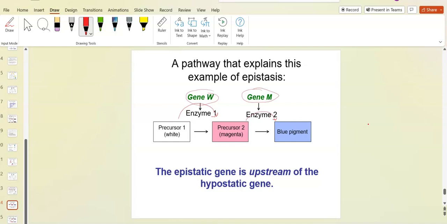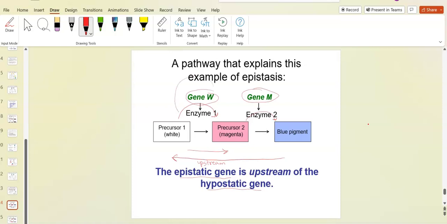So the epistatic gene is upstream from the hypostatic gene. Remember, this is the direction of the pathway. So in this direction, we're talking upstream. So the epistatic gene is upstream.